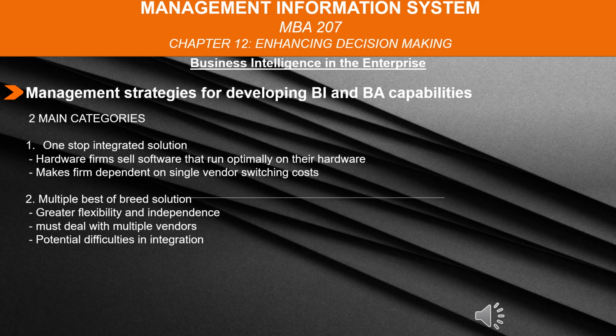So it makes the firm dependent on a single vendor, with switching costs. While the multiple best-of-breed solution has greater flexibility and independence. It must also deal with multiple vendors and potential difficulties in terms of integration.